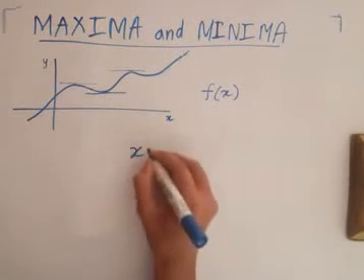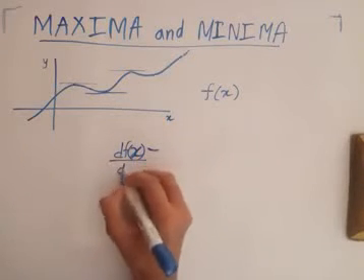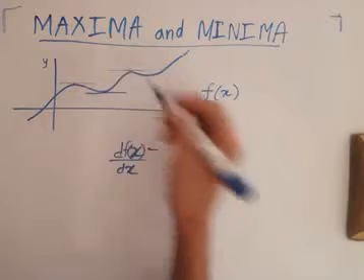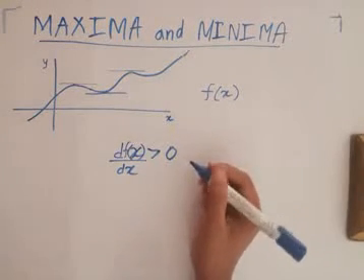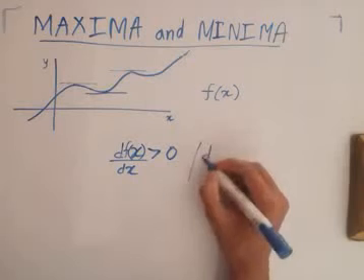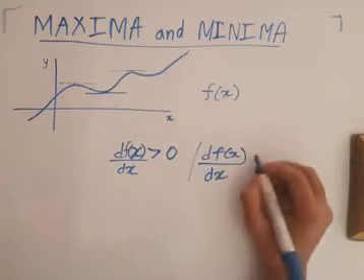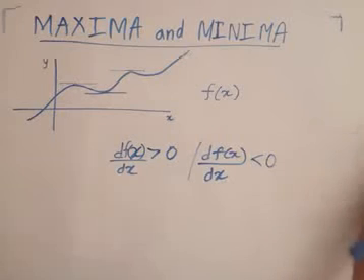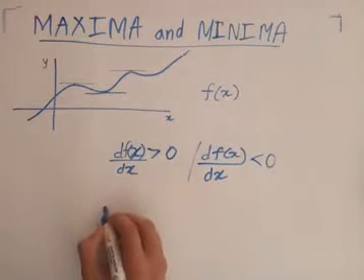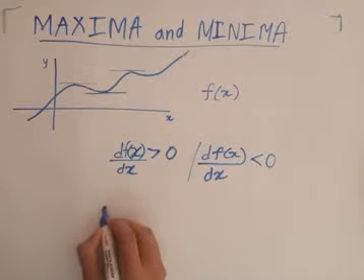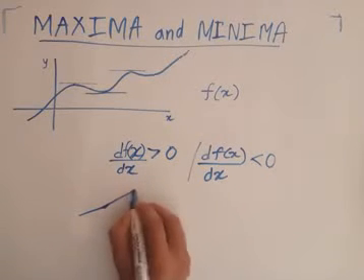Let's say that the derivative of the function at that certain point was greater than 0, so that means positive, or let's say that it was negative, anyone, as long as it's not 0. So if it's positive, that means that at that point the derivative is positive, so that means it's sloping like this.